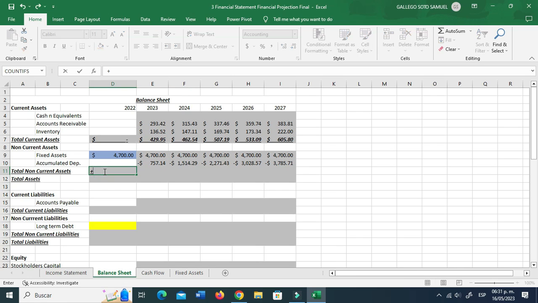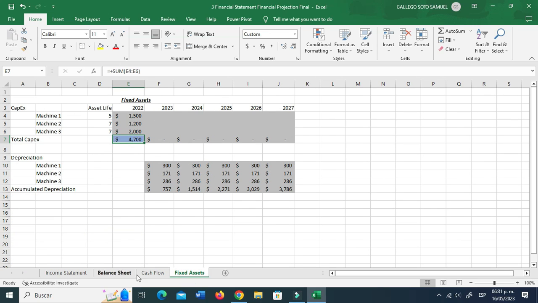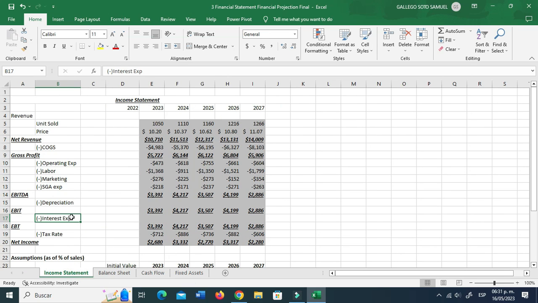Now we're able to get the net assets, which is basically what you should expect in the non-current assets. Okay, so now since we already have taken care of this depreciation expense, let's just go ahead and complete this depreciation here at the income statement.